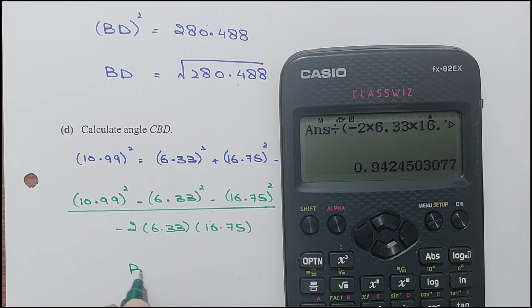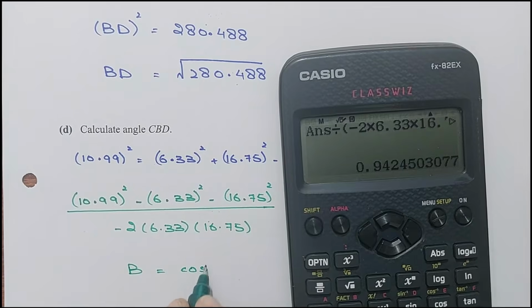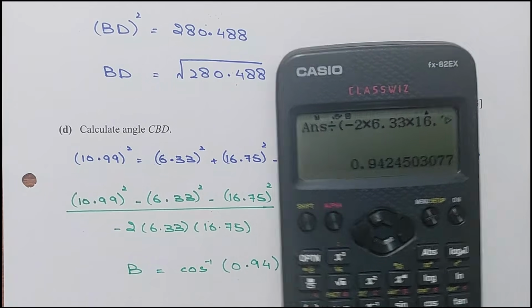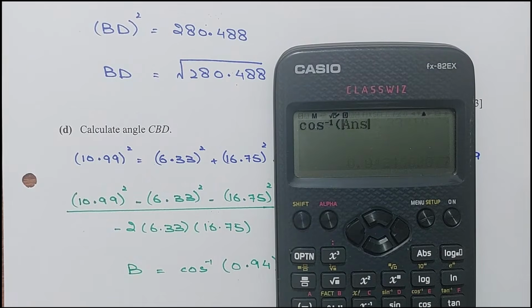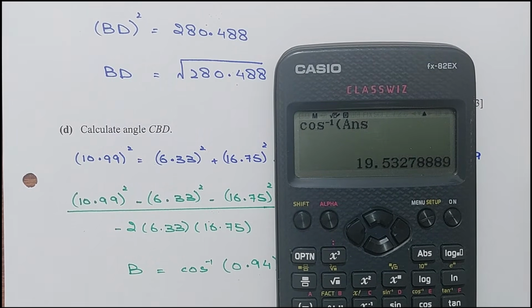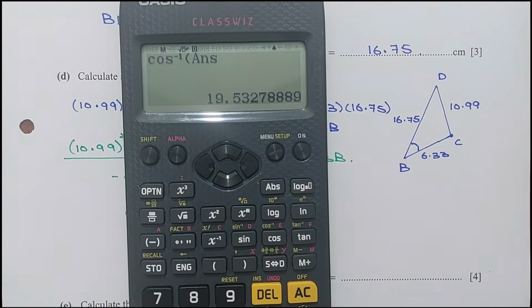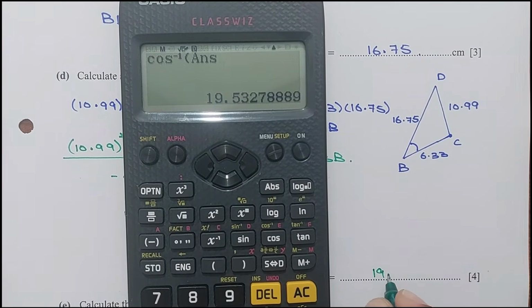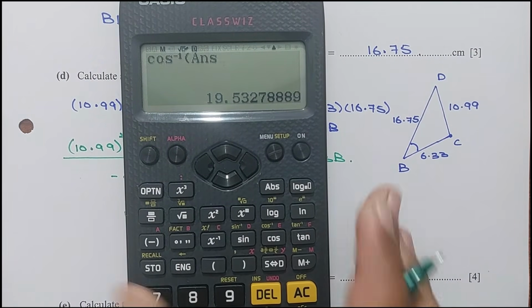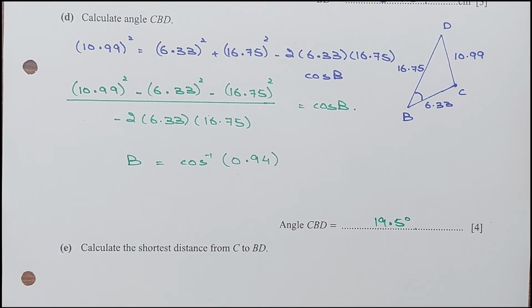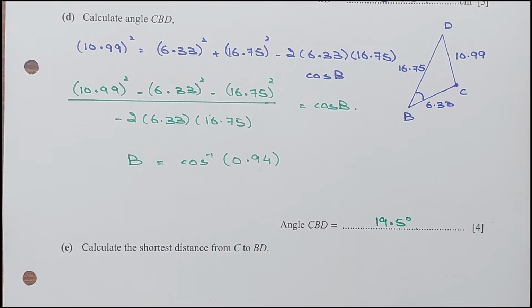So we can say B should be equal to cos inverse of this 0.94. We can say cos inverse of the answer is 19.5 degrees. We can say 19.5 degrees. All right. Now for part E, calculate the shortest distance from C to BD.